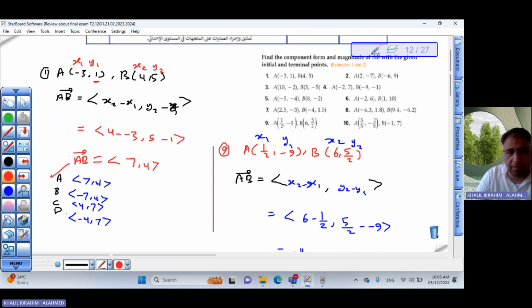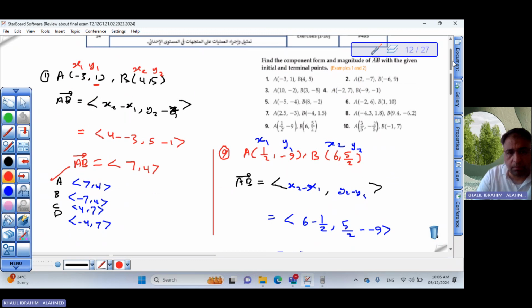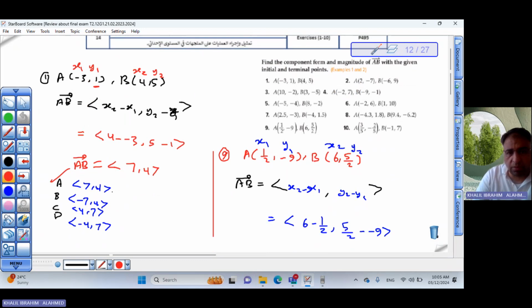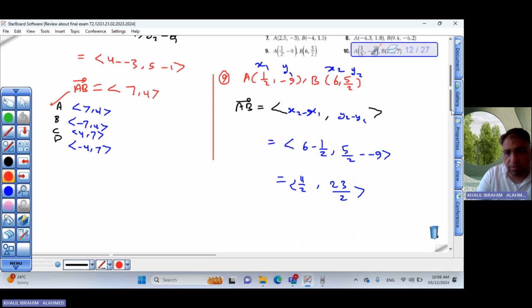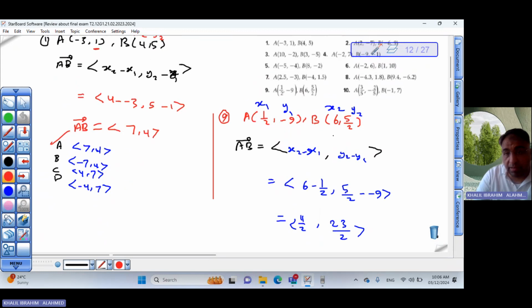The question comes in final exam like multiple choice. I think this is a question multiple choice we can use. And also the same here in this question. We have question 9, select A is negative half, 9, B is 6, 5 over 2, the same.